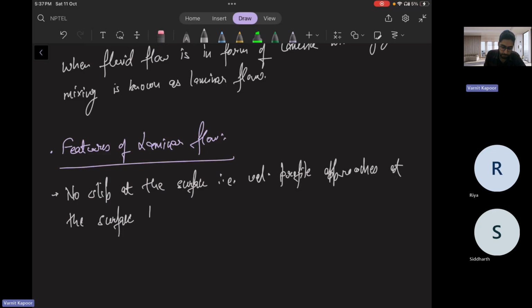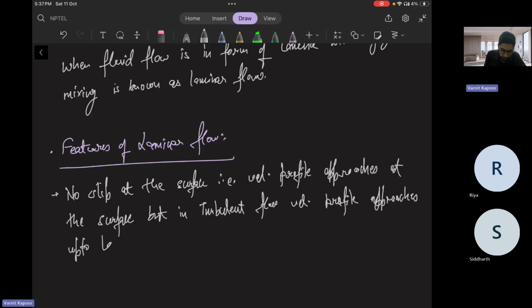But in turbulent flow, the velocity profile approaches up to the laminar sublayer, and the laminar sublayer has a linear profile.